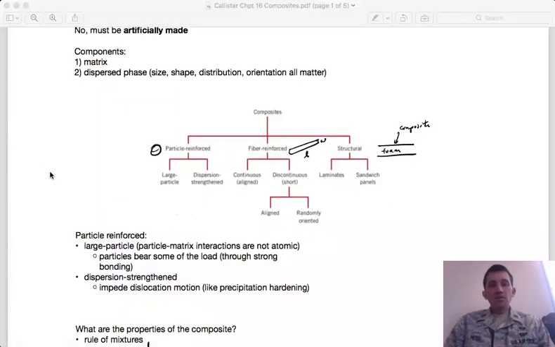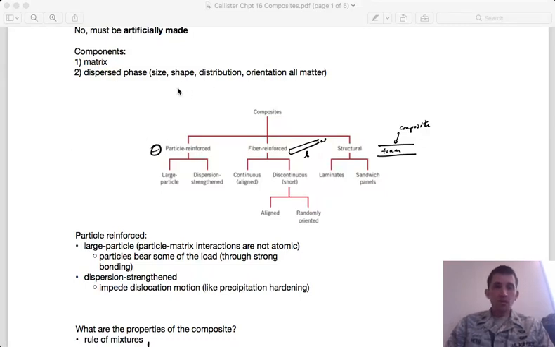Composite materials, all of the examples we'll talk about in this lecture, generally have two components. You have your matrix and then some dispersed phase. And this can be, as we'll see, a particle of varying sizes, or a whisker, or a wire, or a fiber. It's just a second phase that is made of discontinuous particles or discontinuous elements.